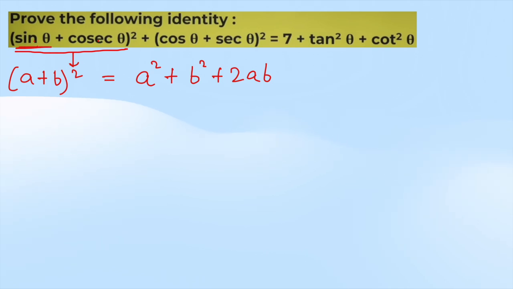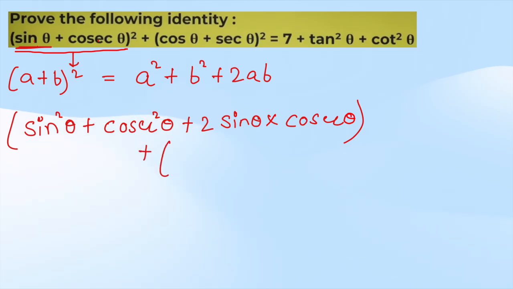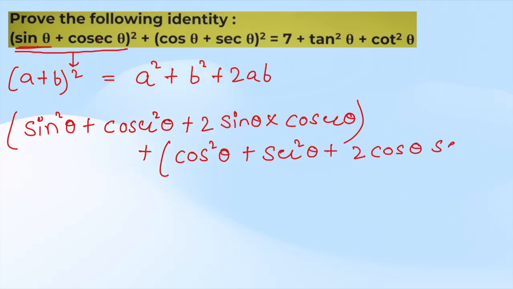So the first one will become sine square theta plus cosec square theta plus 2 sine theta into cosec theta. Similarly, the second term will become cos square theta plus sec square theta plus 2 cos theta sec theta.